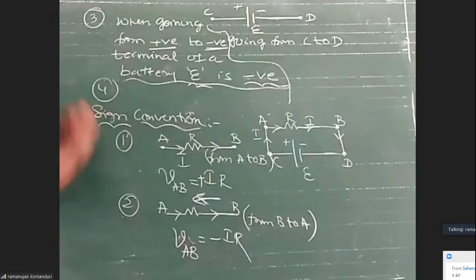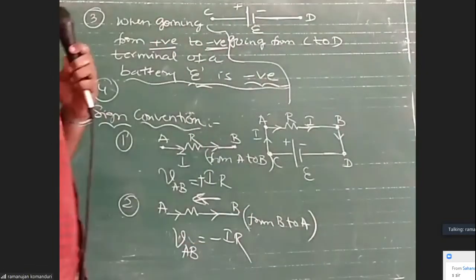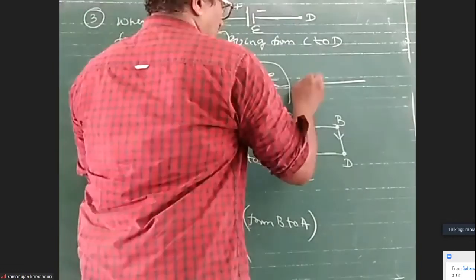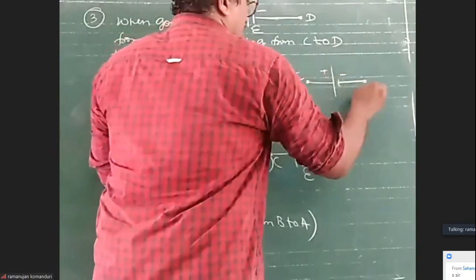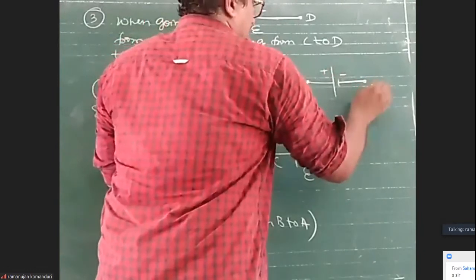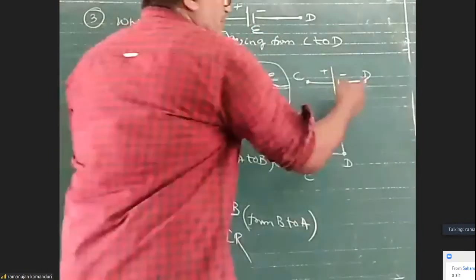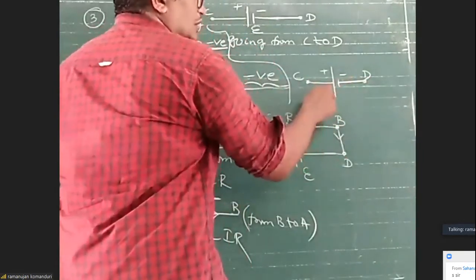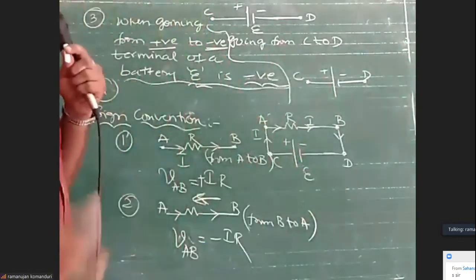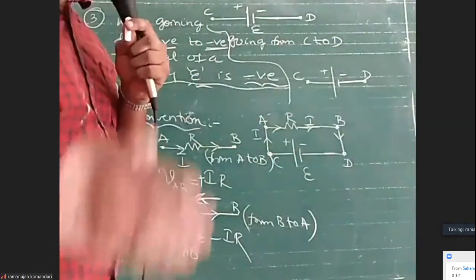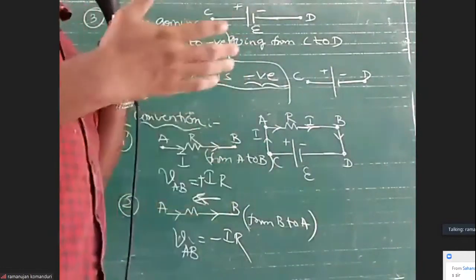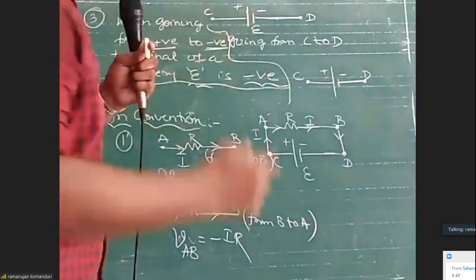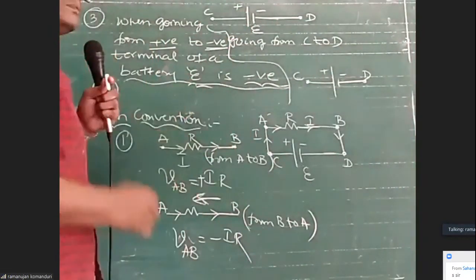Now, let us see what point number 4 says. Let me now say that I am moving from D towards C. So when you are moving from D towards C, you are crossing the negative terminal first and then going to the positive terminal. As I said, the negative terminal is at lower potential, the positive terminal at higher potential. So you are going from a lower value to a higher value, which implies epsilon should be taken as a positive value.